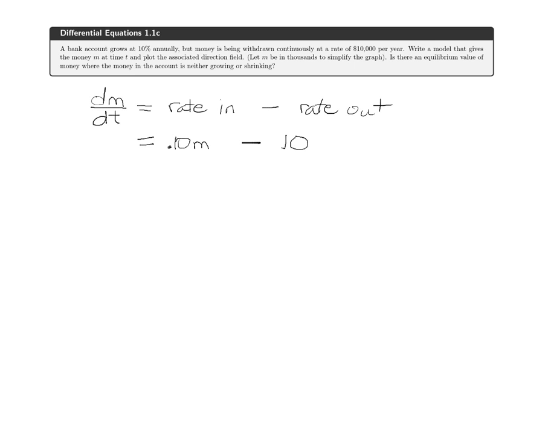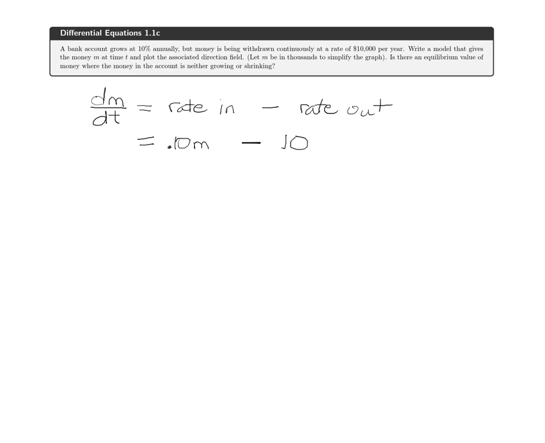We are asked to plot the slope field, but before we do that, let's read this last question. Is there an equilibrium value of money where the money in the account is neither growing or shrinking? Well, if we're taking out 10,000 per year, but it's growing 10% each year, we might try a few values.